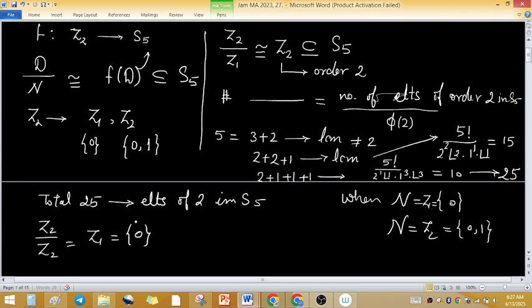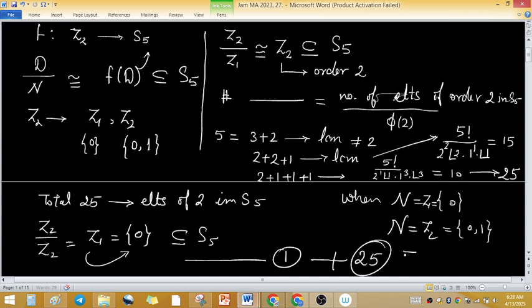So Z1 is a subgroup of S5, meaning you only have to seek a cyclic subgroup of order 1. So this is trivial. So one homomorphism for this case and 25 homomorphisms for the case explained above. So a total of 26 homomorphisms exist.